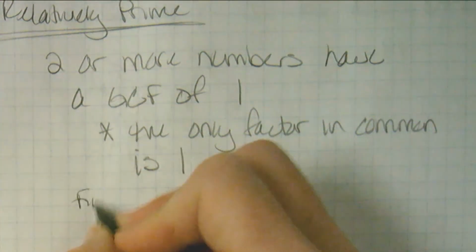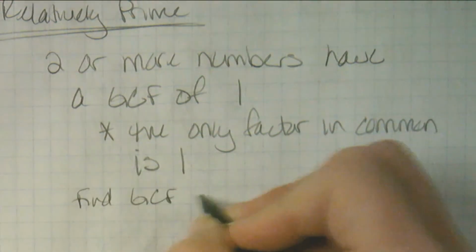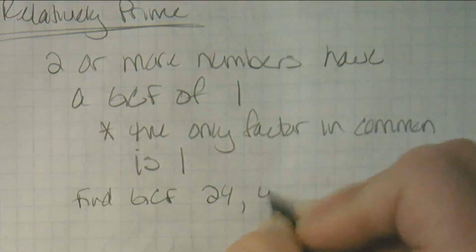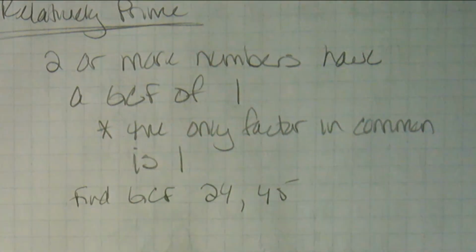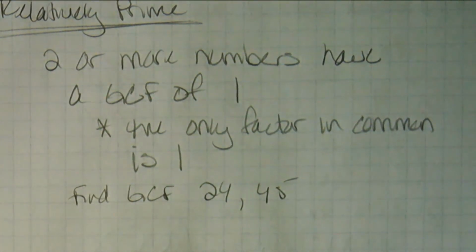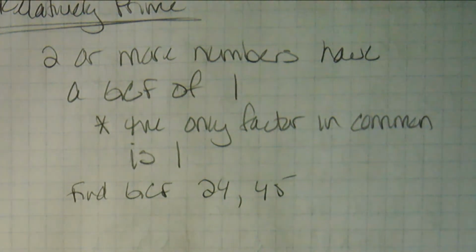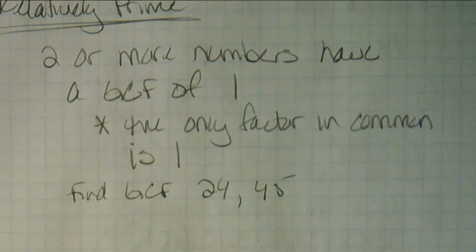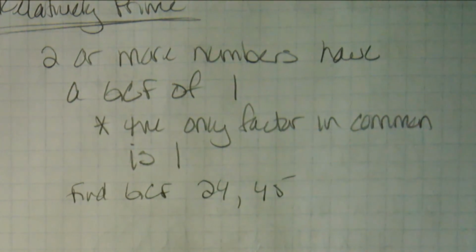So I want you to find the GCF of 24 and 45, and compare that to the GCF of 35 and 54. So I want you guys to do both sets of these.